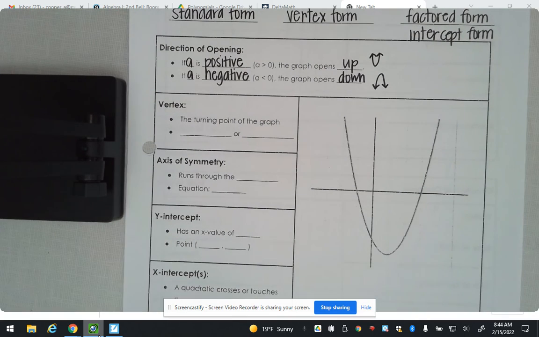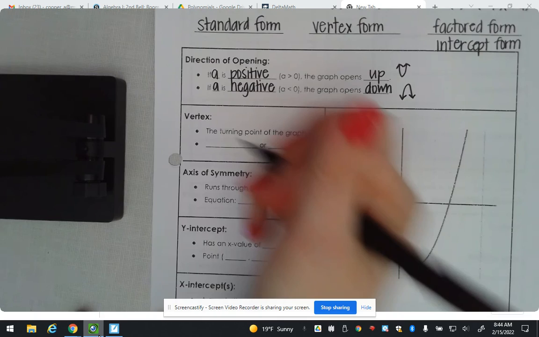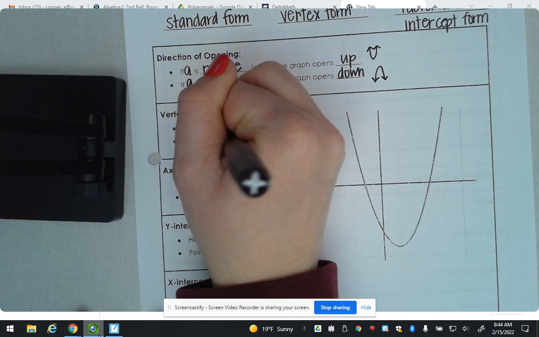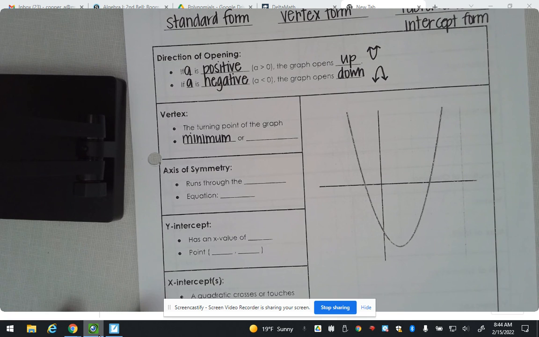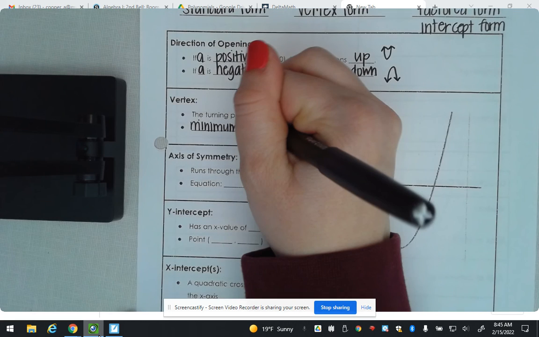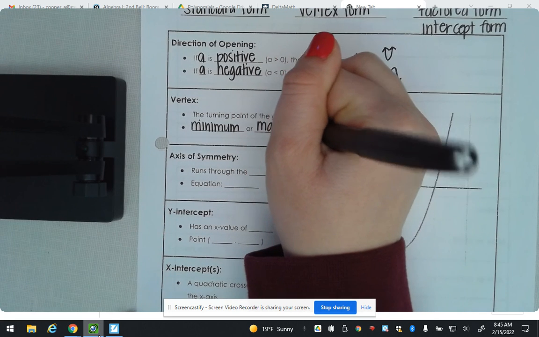This is also known as one of 2 other things. What does the word minimum mean? The least, right? The smallest point. That's my minimum. It's my lowest point I can get to. It can be known as a minimum, or it can be known as a, take a wild guess. Say it louder. It can also be known as a maximum, which is your largest point.